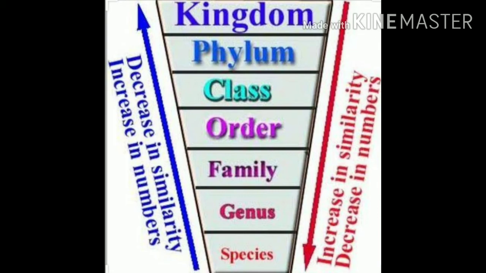From the phylum, picking up some organisms with very similar characteristics, he placed them into different classes. And from the classes, he picked out organisms with very common characteristics and placed them under order. Similarly, into family, then genus, and then the species.